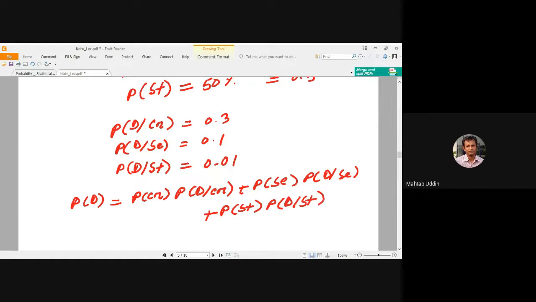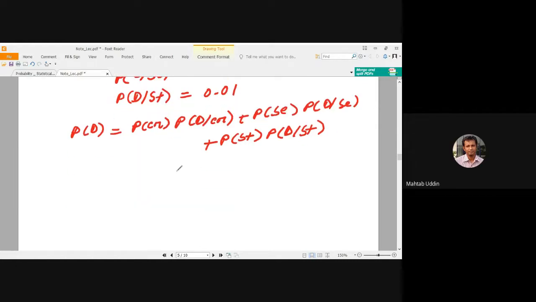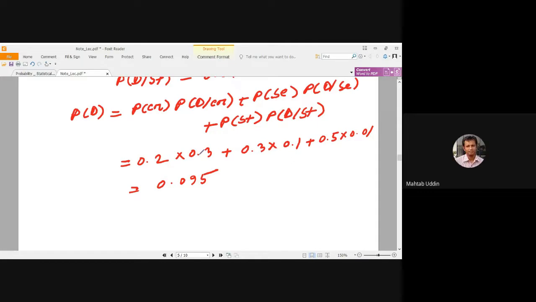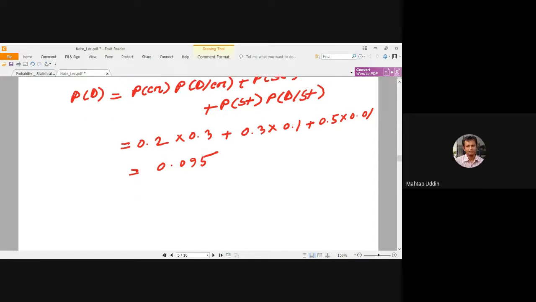Critical was 0.2 and dying probability 0.3. Serious was 0.3 and dying 0.1. Stable was 0.5 and 0.01. What is the probability of dying? 0.095. About 1% of patients have to die.